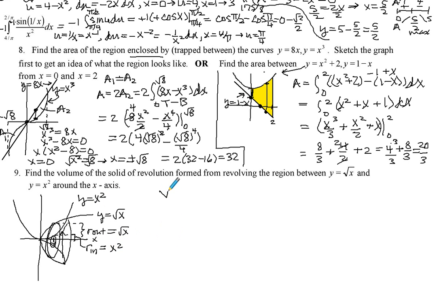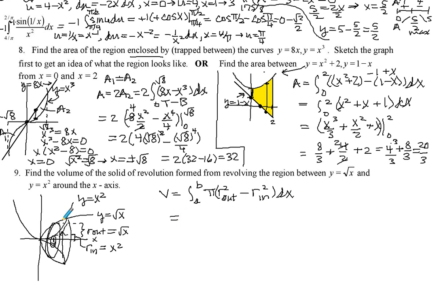So remember our volume here is the integral from a to b of pi r squared, but we've got 2 radii, so this is going to be our outer squared minus our inner squared, with respect to x.